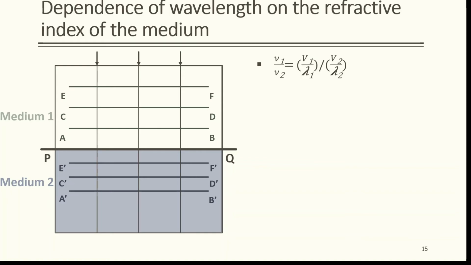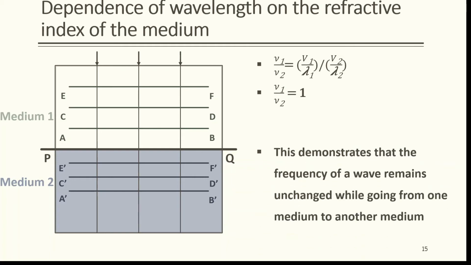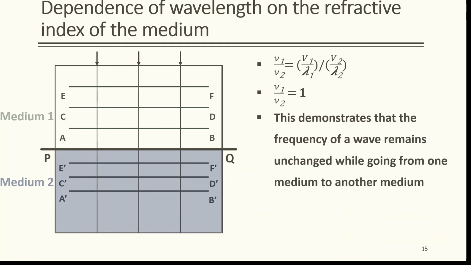As discussed earlier, V1 upon lambda 1 is equal to V2 upon lambda 2. We get nu1 upon nu2 equal to 1. This demonstrates that the frequency of a wave remains unchanged while going from one medium to another medium.